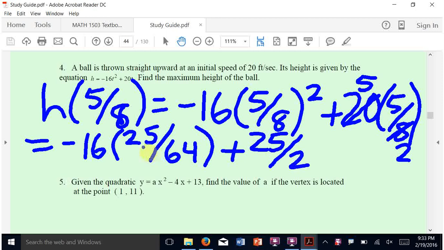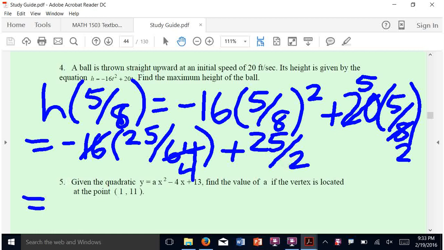Okay, so now we need to multiply 16 times this fraction, 25/64. We can also simplify here, because 64 and 16 are both divisible by 16. So 16 divided by 16 is just 1. And 64 divided by 16 is 4. So we have negative 25/4 plus 25/2.